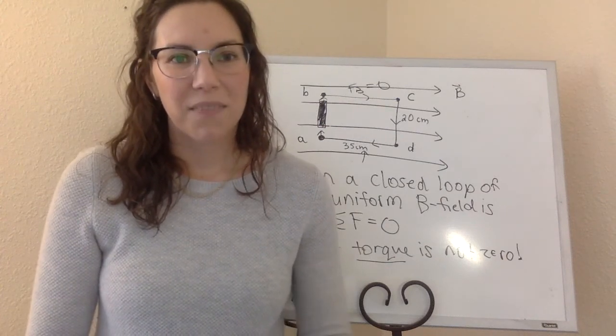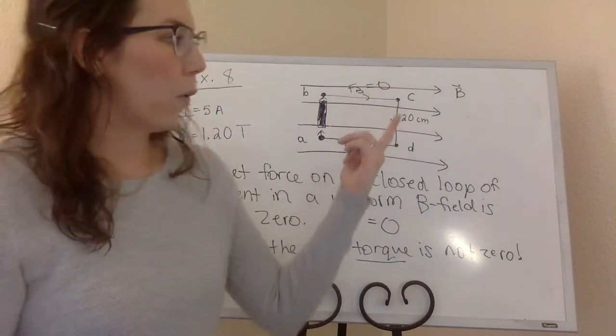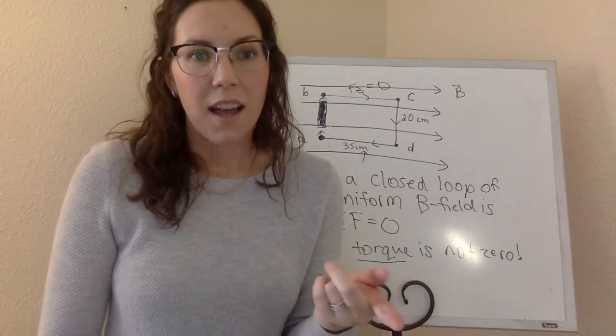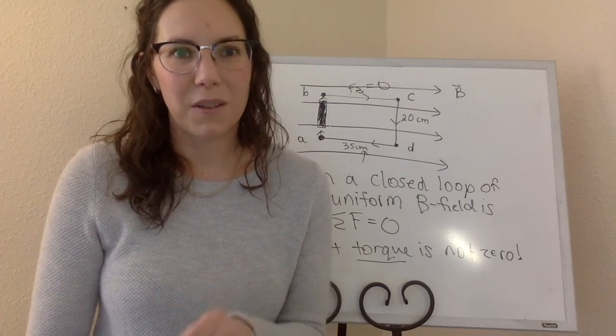And as it rotates, the values of the forces and the torque would change. But it is the principle behind many applications, and I'll link some videos to some applications.